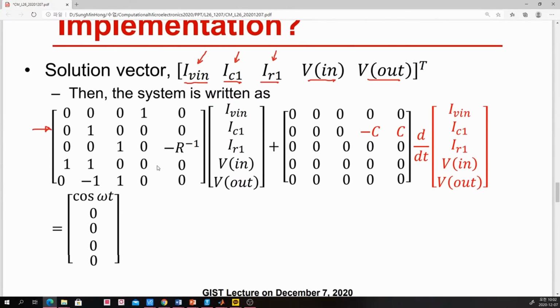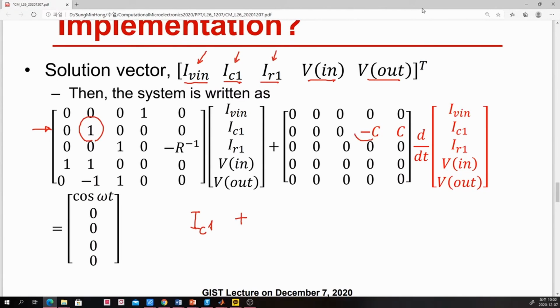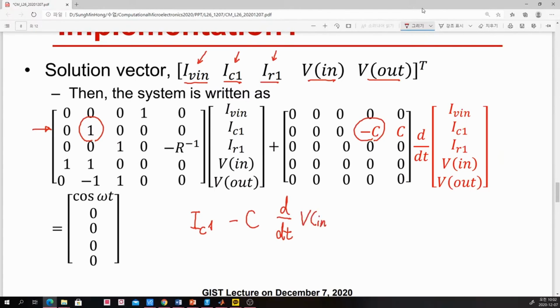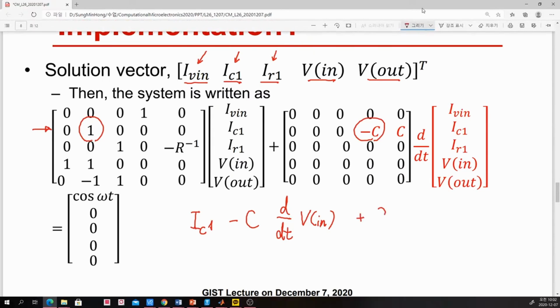The second row simply reads as IC1 minus C dV/dt of the input node plus C dV/dt of V out.